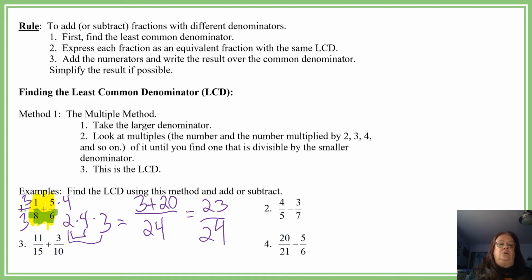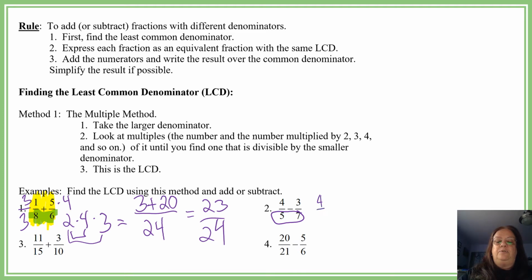Okay, lowest common denominator. All right, number 2, 5 and 7, prime. They don't break down. I don't have to worry about 2s and 4s and what things multiply and don't multiply. So now I look at this and I say, okay, that's my common denominator.